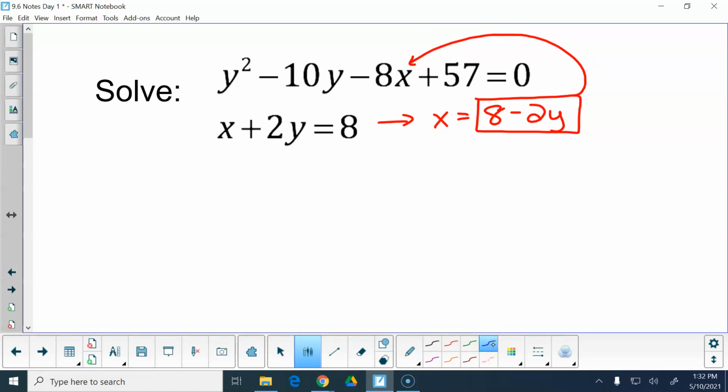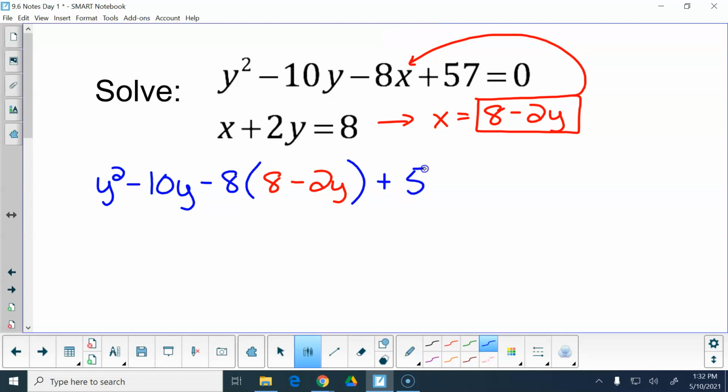So then that's going to become y squared minus 10y minus 8 times 8 minus 2y plus 57 is equal to 0.